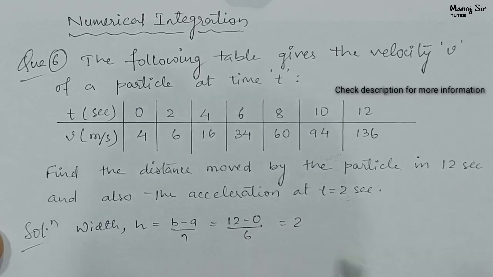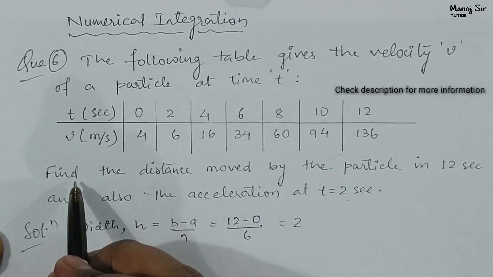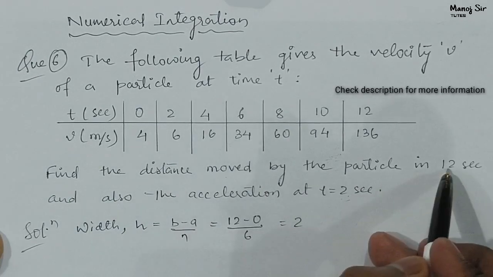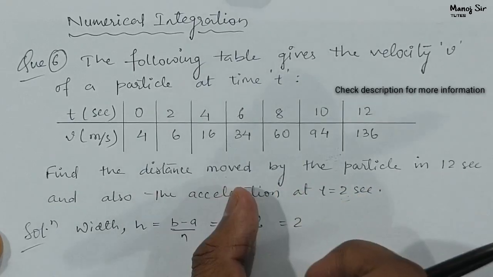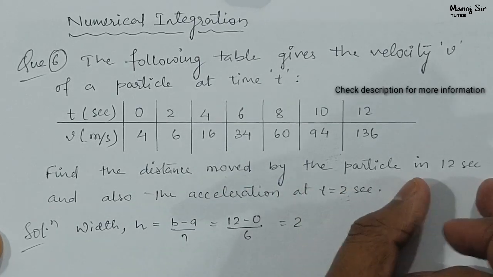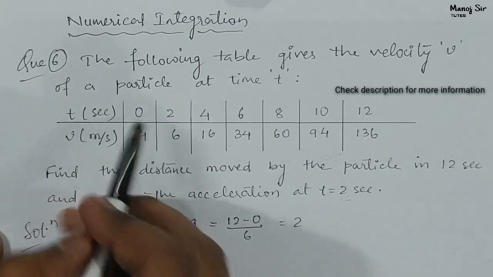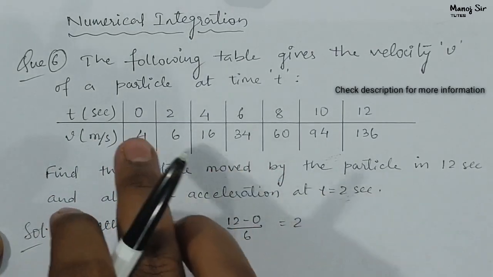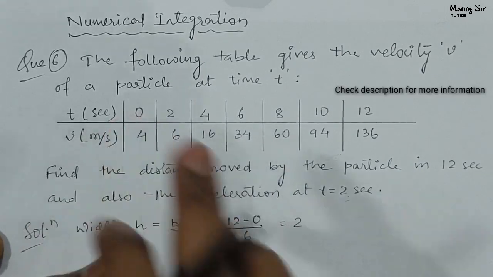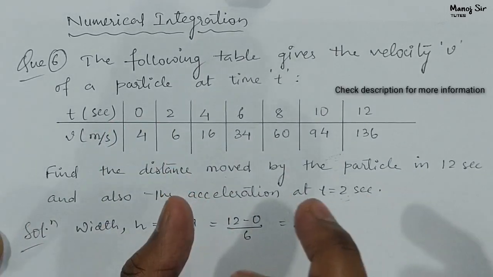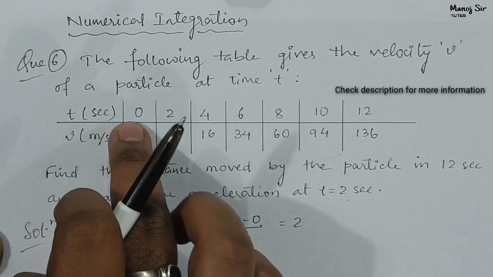But here again, we need to find the distance moved by the particle in 12 seconds. That means the time should start from 0. In problem number 3, the value did not start from 0, so for that problem we considered the initial time as 0.